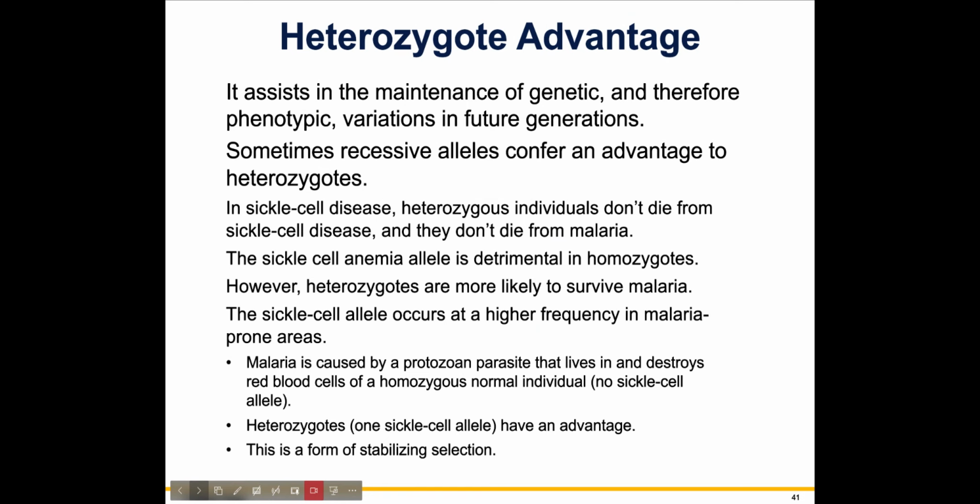The most famous example, and one that affects us here in South Carolina, one that you'll see in lab, is sickle cell disease. Sickle cell disease, or sickle cell anemia, is caused when you get two recessive alleles for sickle cell trait. If you get two recessive alleles and you get sickle cell anemia, your red blood cells are shaped like little moons or little sickles.